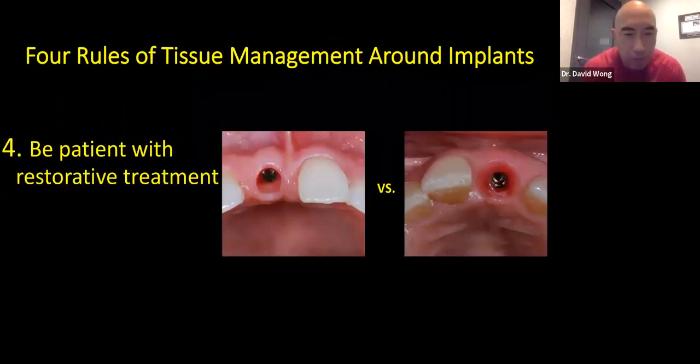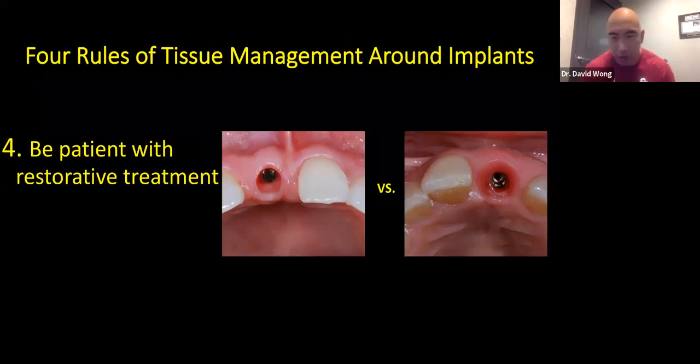Number 4, be patient with restorative treatment. And this is a big one. So for upper anterior teeth, specifically central incisors, we got to be patient. A lot of times people just aren't patient enough using custom healing abutments, custom impression copings, and provisional restorations and that type of thing to train the tissue, right?